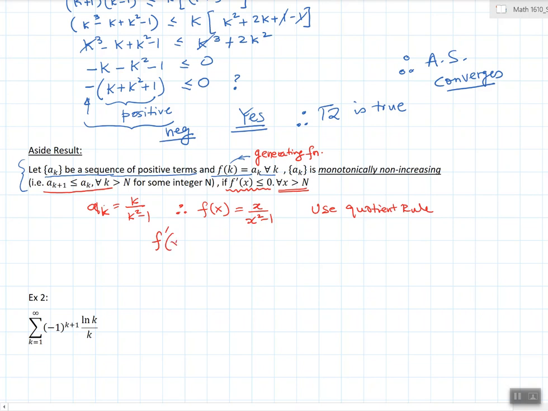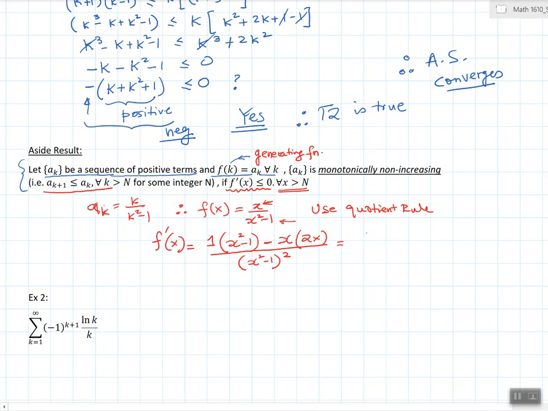So my f prime of x would be the derivative of x, so that is 1 times the denominator, x squared minus 1, minus the numerator x times the derivative of the denominator, 2x, divided by the square of the denominator, x squared minus 1 squared.